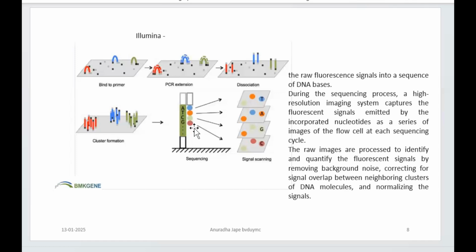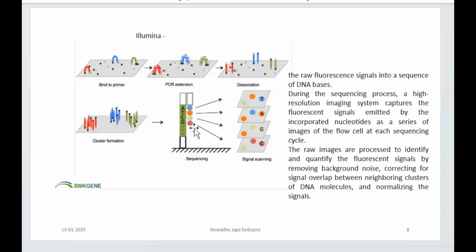So during the sequencing process, a high resolution imaging system is there which is going to capture the fluorescent signals because they are going to be comparatively weak, right? So you have to have a high resolution imaging system which can capture those fluorescent signals generated by incorporation of the single base, right?